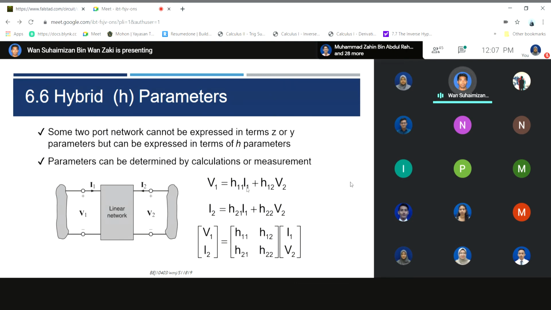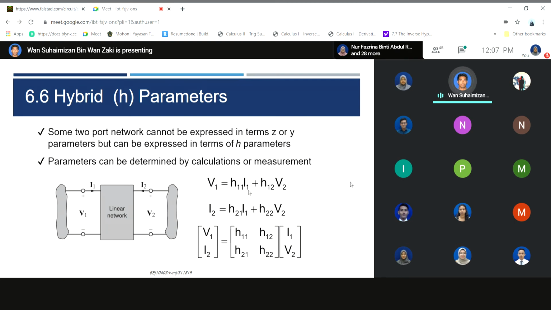V1 equals H11 I1 plus H12 V2, I2 equals H21 I1 plus H22 V2. So it means it's a hybrid between voltage and current, right? So voltage and current make V1 then I2. After that, you come out with this matrix form, which represents the H parameter: H11, H12, H21, H22.